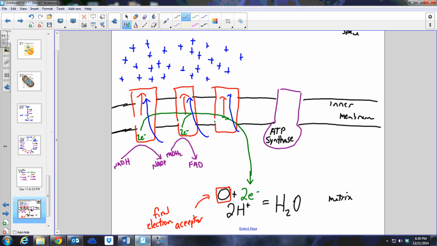Without oxygen, cellular respiration does not occur, because without oxygen, these electron carriers have no place to drop off their electrons. This is why fermentation happens when there's no oxygen, because these electron carriers need a place to drop off their electrons. That's why fermentation occurs. And so when oxygen is present, those electrons are dropped off into the oxygen atom, and that makes H2O.